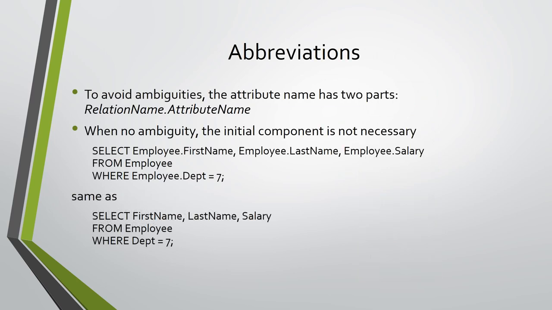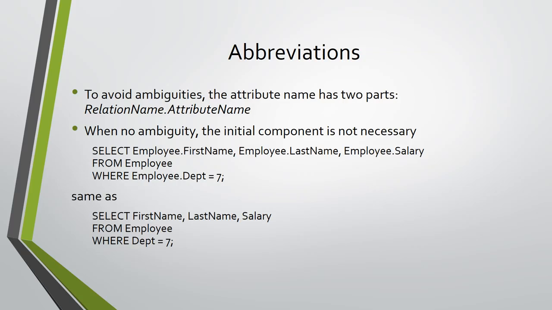To avoid ambiguities, as attributes in different relations may have the same names, the attribute names in SQL have two parts, relation name.attribute name. When there is no ambiguity, if for example only one table participates in the query, or the participating tables have no attributes with common names, then the initial component with the table name is not necessary, and may be dropped from the query.